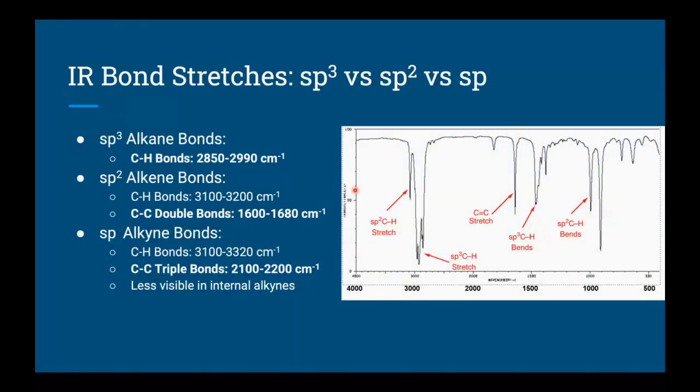So just starting with the basics, and here it's just sp3, sp2, and sp. You're going to look for first those sp3 alkane bonds, those basic single bonded carbons. They're going to have a stretch at 2850 to 2990. What's important to remember is they tend to be below 3000. And then our sp2 stretches tend to be a little above 3000.